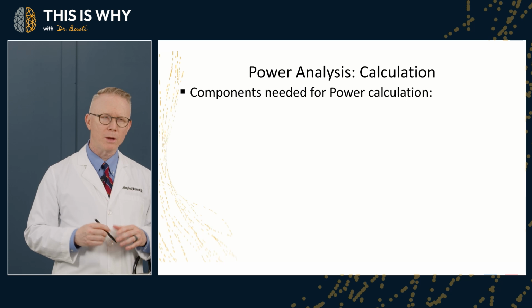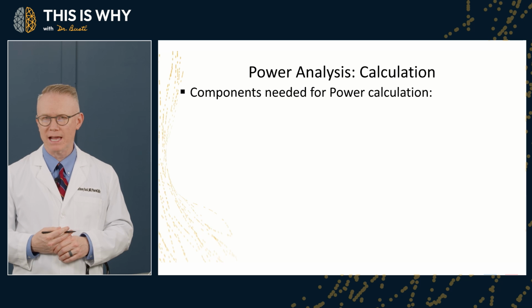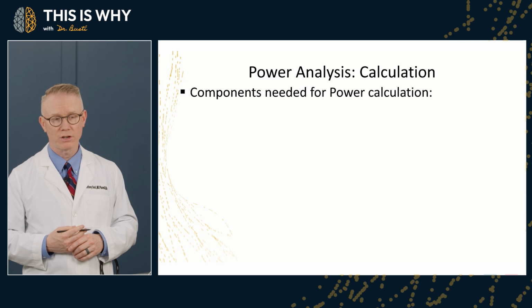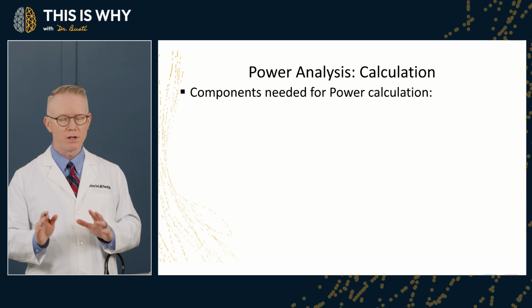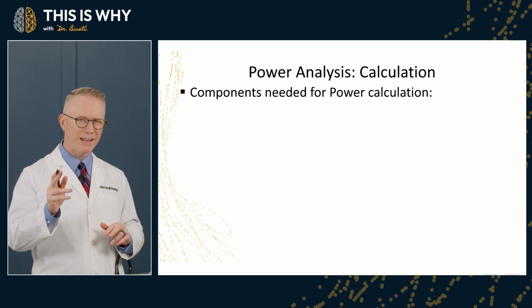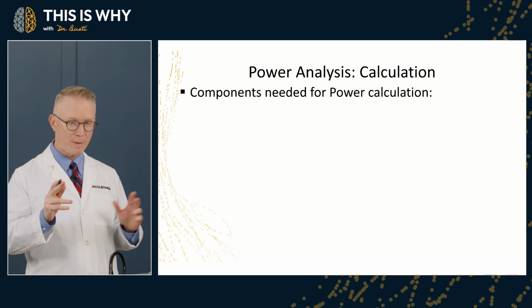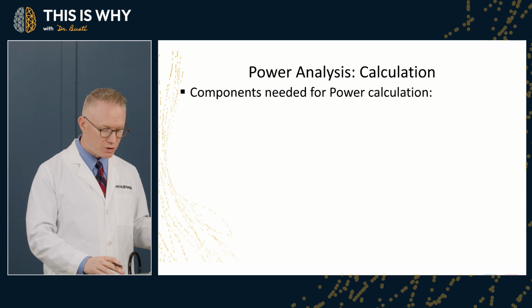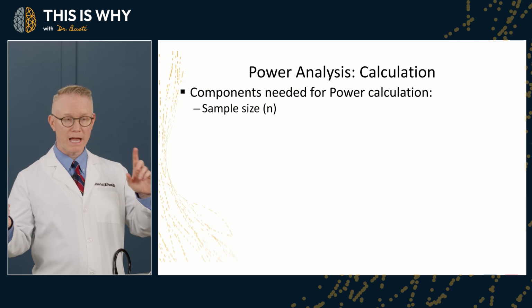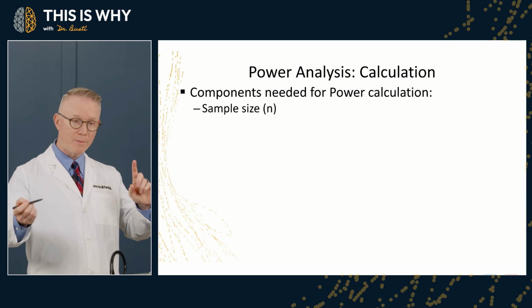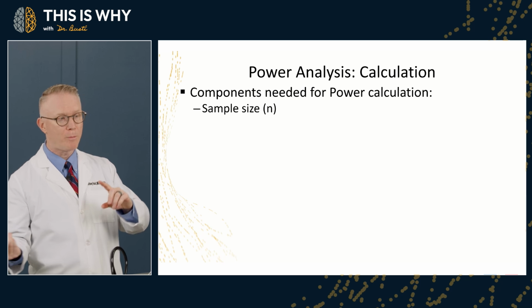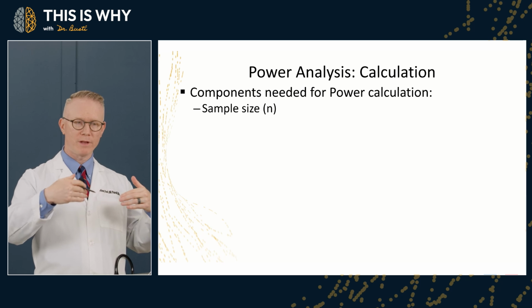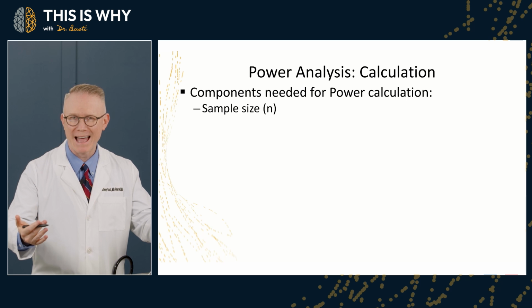All right, so what are the components needed to make this calculation? There are several, so I'm going to walk you through them individually. These components also directly influence the power. First, the sample size. You can calculate from the sample size in each group, go backwards, and determine the power that this study has.